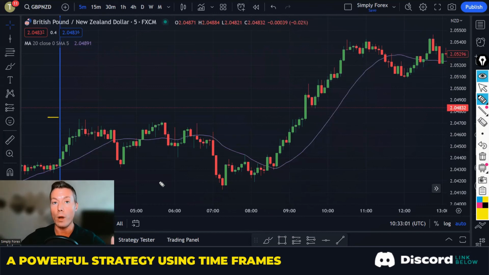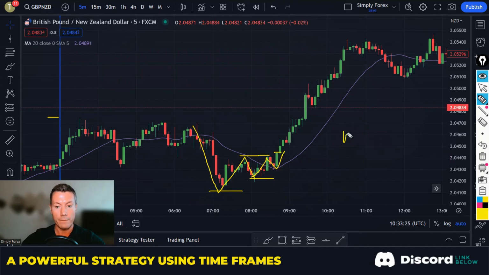Remember, we're looking for 5-minute to be in an uptrend and above moving average 20. So at this point, we're in a downtrend, so this is no good to us. But eventually price builds up and we get a break of these highs. We now have higher highs, we've got higher lows. We are in a 5-minute uptrend.